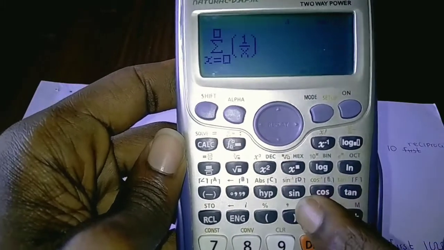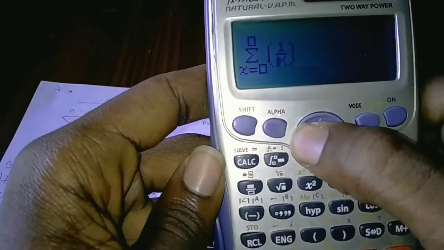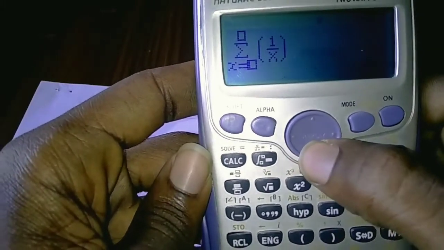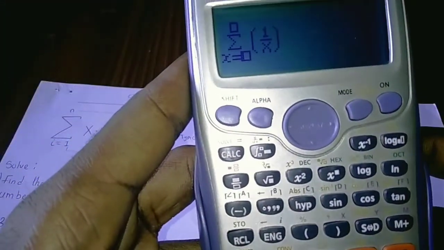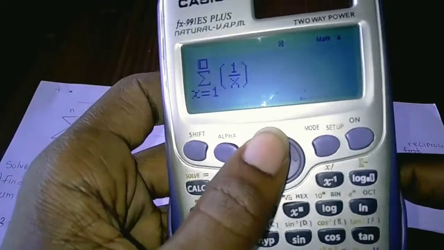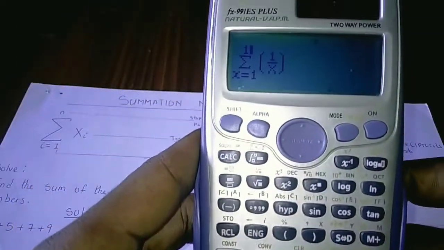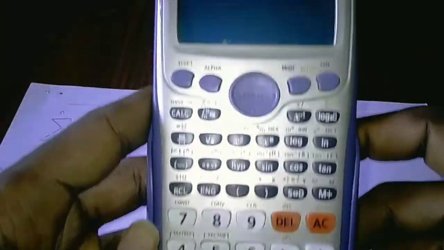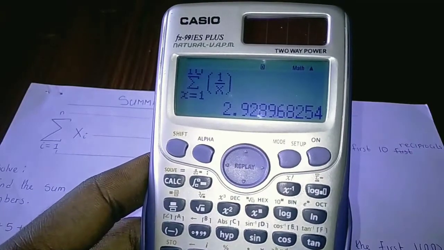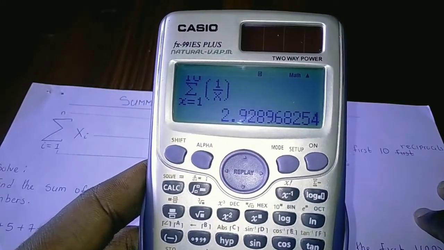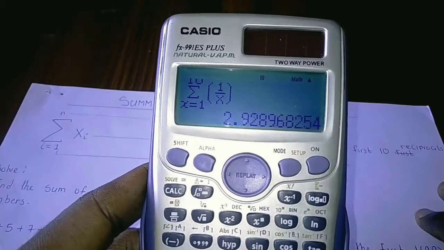That is fraction sign. An x. Now starting from what? Since we are starting from 1, remember we are starting from 1 and we are ending at what? Since it is 10, you end at 10 and you get what? 2.9289. As simple as that.